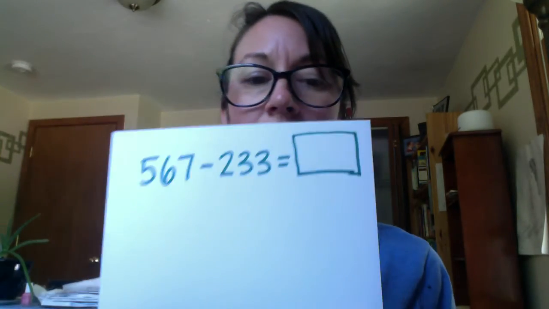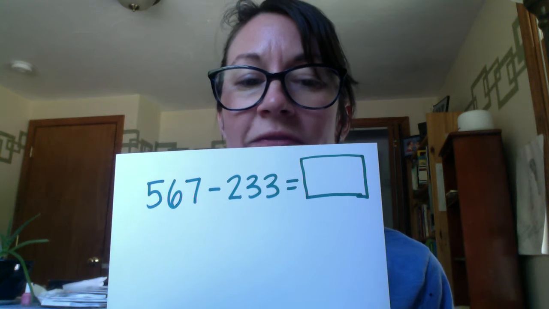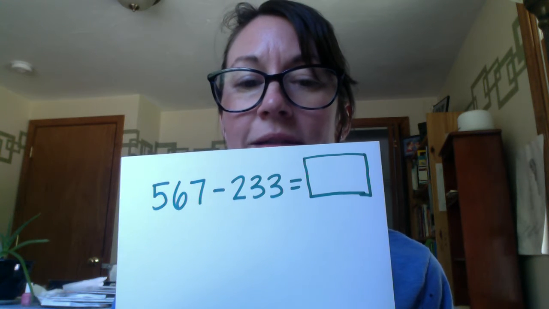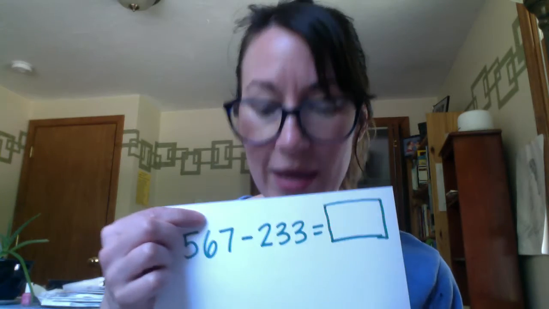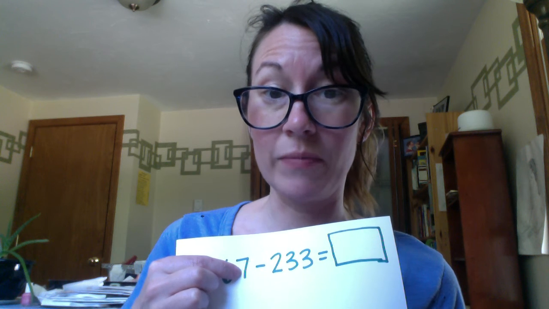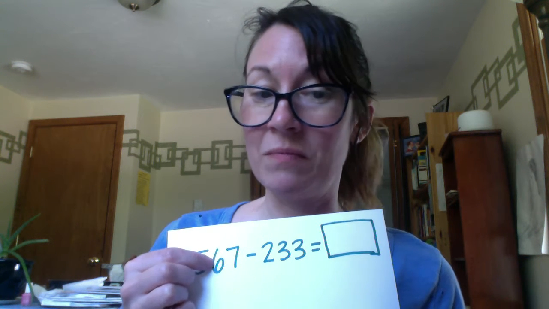So here I have a math equation for us, 567 minus 233. Step one, mark my HTO and circle the bigger number. And remember, when I mark my HTO, I always start with the ones, the last number, because then I can mark each digit.